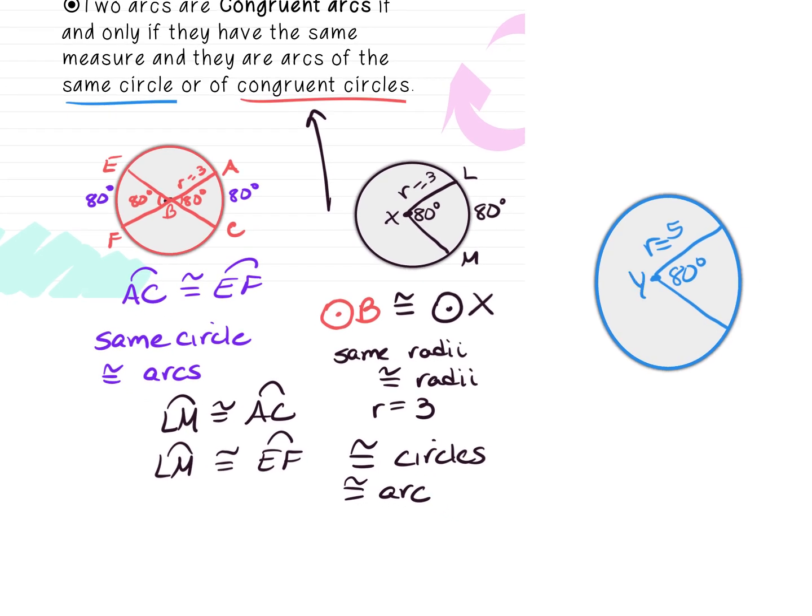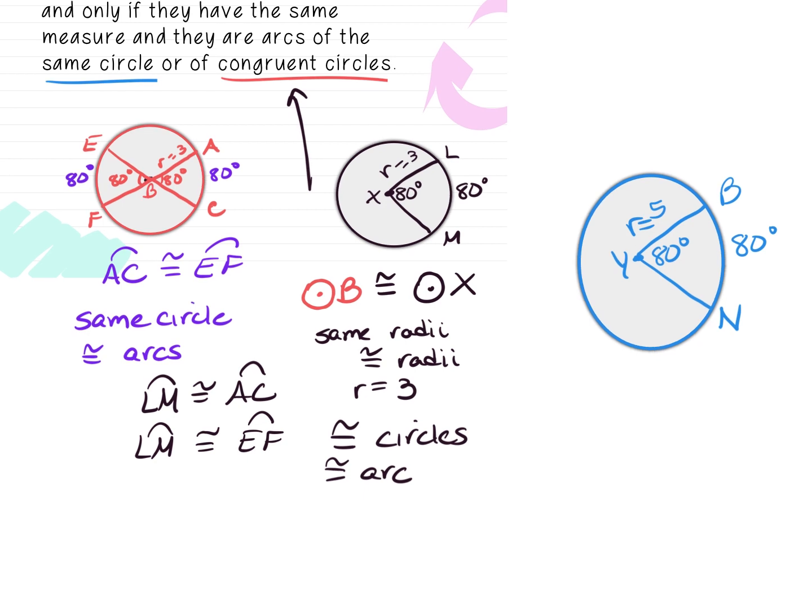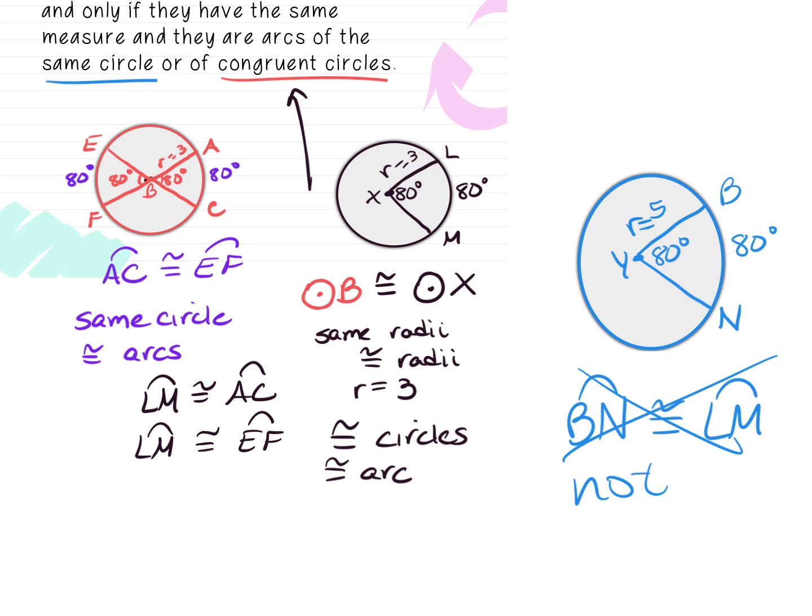We'll call this circle Y, and then B, and then N. So because I have a central angle of 80, this arc measure is also 80, but I cannot state that arc BN is congruent to LM because these are not congruent circles.